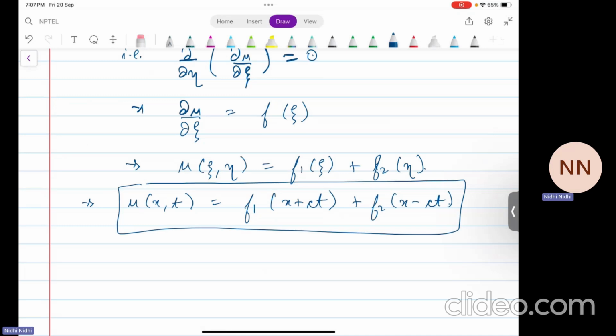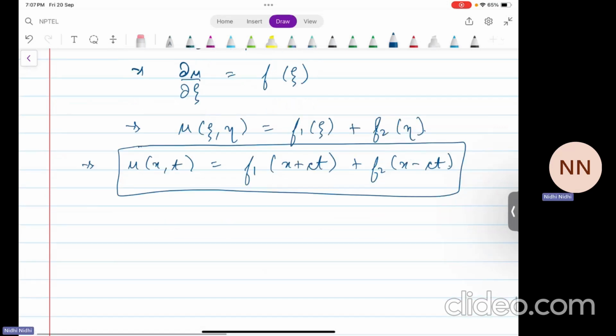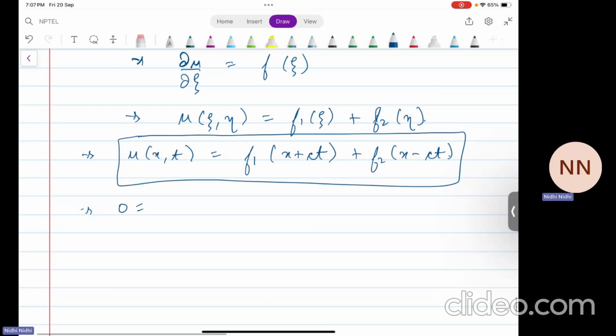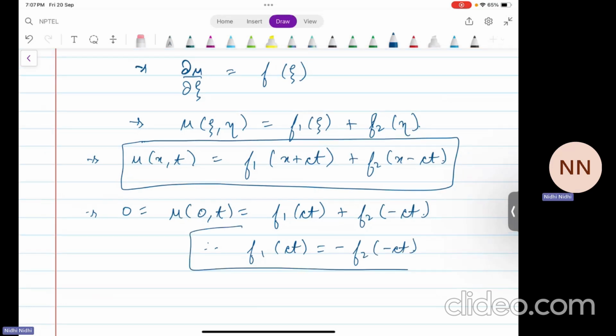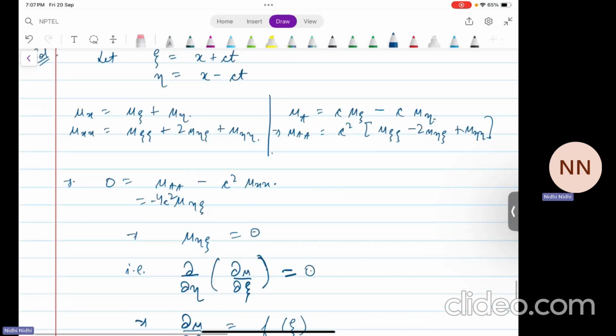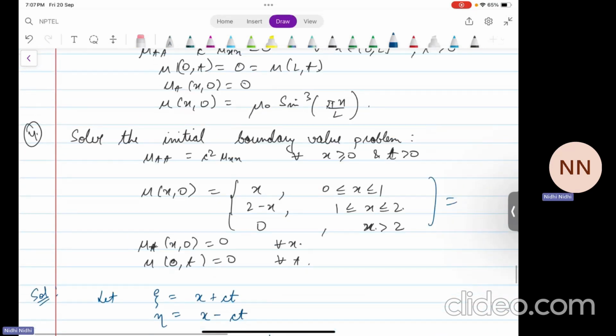Now let's look at the boundary conditions. So we have u at 0 comma t is 0. 0 is equal to u at 0 comma t, which is f1 ct plus f2 minus ct. This gives us f1 at ct is equal to minus f2 at minus ct. Okay, I'll just take this to be equal to some other function g x.